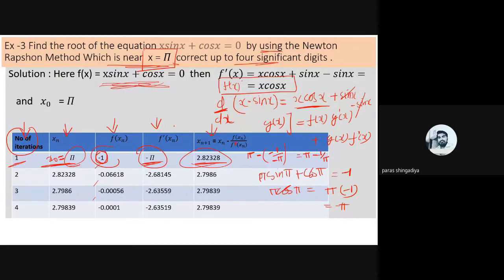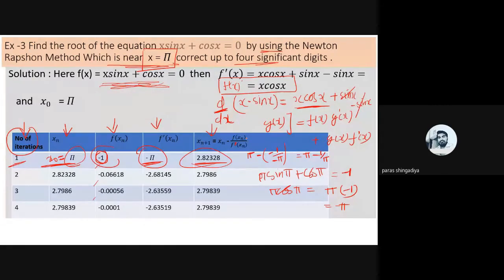Does everyone have a calculator first? Good, chalo. So try it and verify this answer also in the calculator.